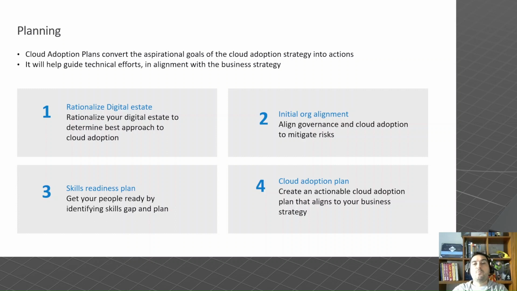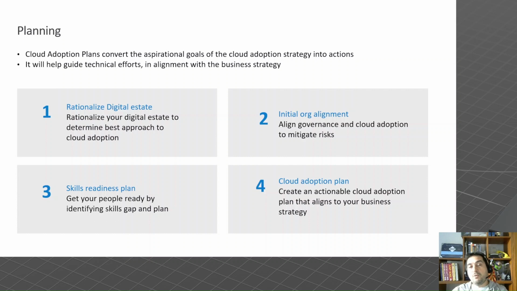Organizational alignment is an important thing, right? We need to align the governance, the security, the management side, and the cloud adoption process, because introducing cloud introduces disruption. It's not only on the service operation side, but all across the board. Everybody will be out of their comfort zone, ultimately.